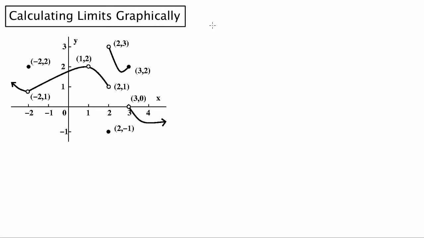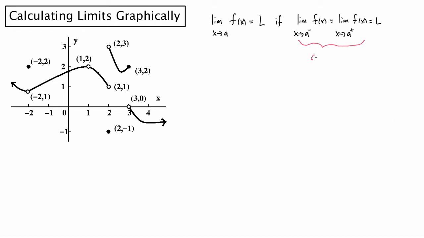So what we say is that the limit as x approaches a of the function f of x is equal to the limit L if the limit as x approaches a from the left equals the limit as x approaches a from the right, and both of those limits are equal to L. Remember that we call these the one-sided limits.